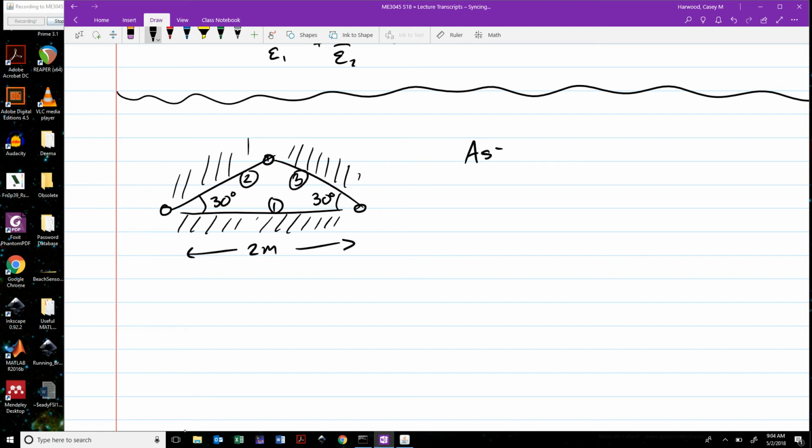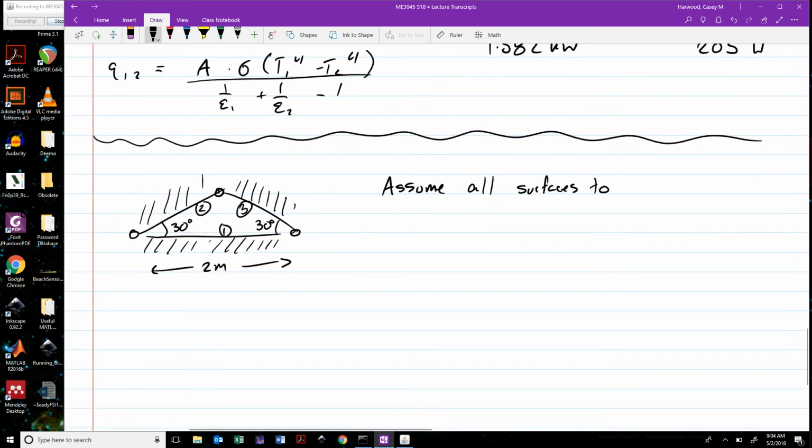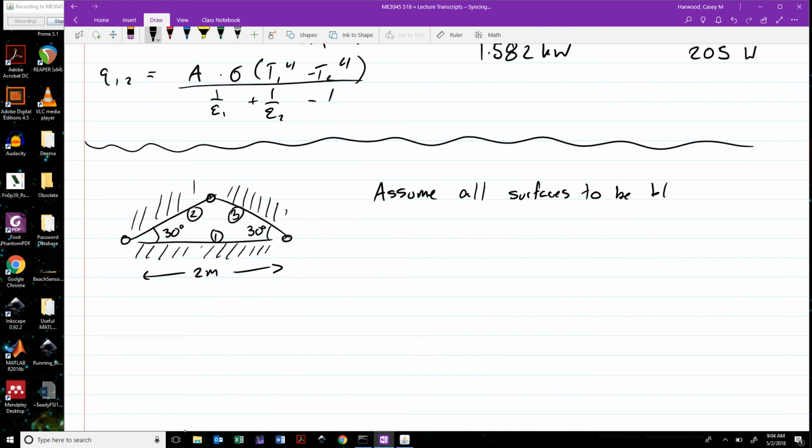In this case, we're going to assume all surfaces to be black bodies. So when they tell you to assume a surface or treat a surface as black, that's all that means. It has the properties of a black body. We're given that T1 is equal to 500 Kelvin, so that's this lower boundary here. T2 is equal to 300 Kelvin, and T3 is likewise equal to 300 Kelvin.